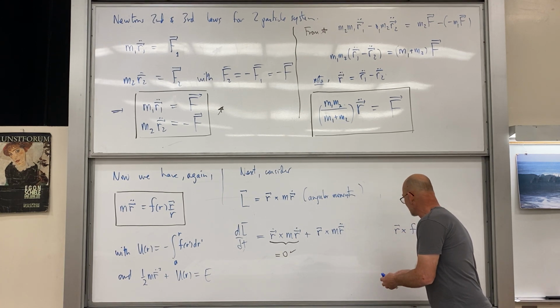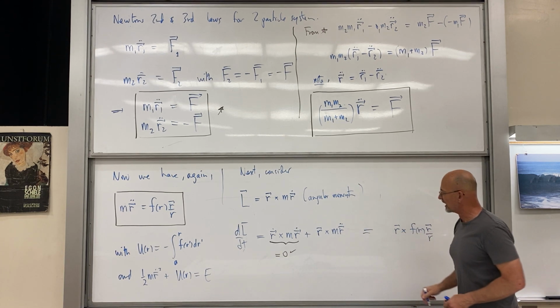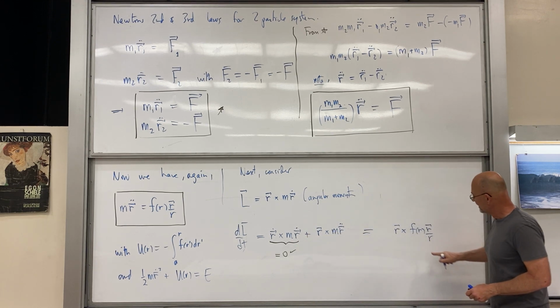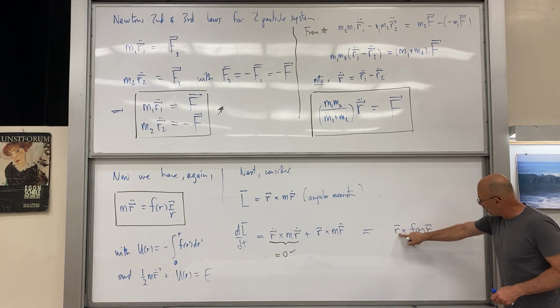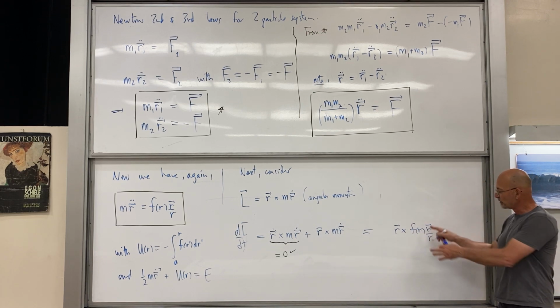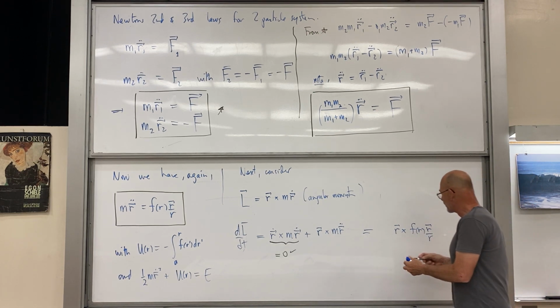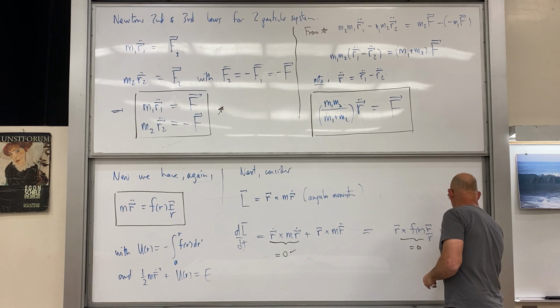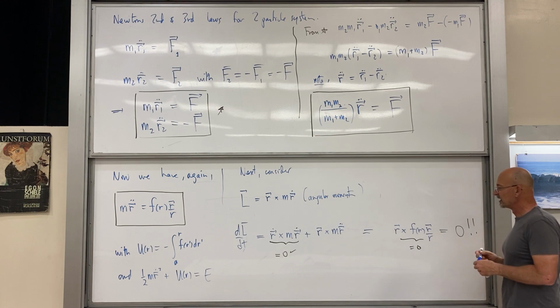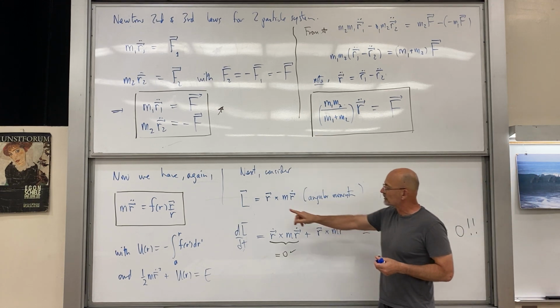We can pull the F of r over r out. We have r cross r again. The cross product with itself vanishes. So both of these vanish. Therefore, the whole thing vanishes, and this is a conserved quantity.